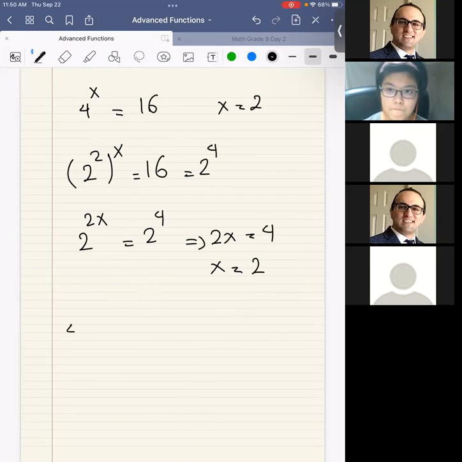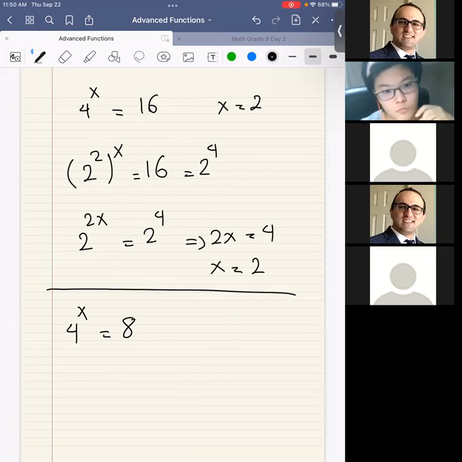Now, if you had an equation like 4 to the power x equal to 8, then what would you do? Try to write the left-hand side in terms of 2. Again, because 4 is 2 squared, then you have 2 squared to the power x is equal to, what is 8 in terms of exponents of 2?